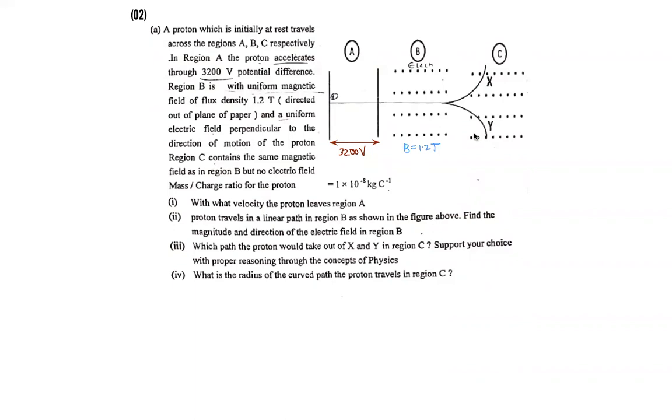Region C contains the same magnetic field as in region B, but no electric field. So there is an electric field as well. That means I think we are creating an electric field so that it can continue to go straight, no? Right. Okay. Remember, this is the direction of magnetic field, out of the plane.